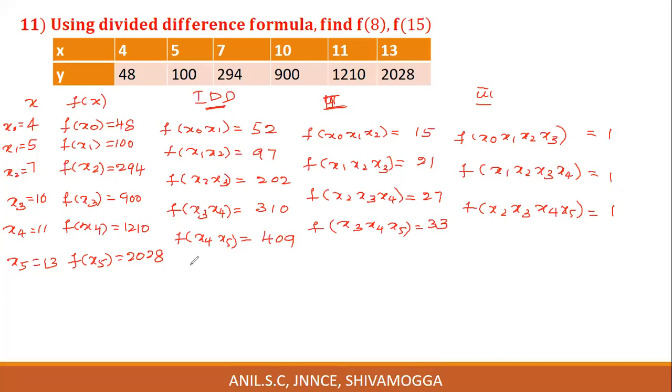Stop here and write the formula up to third order divided differences only to find f of 8 and f of 15. First, let's calculate f of 8.